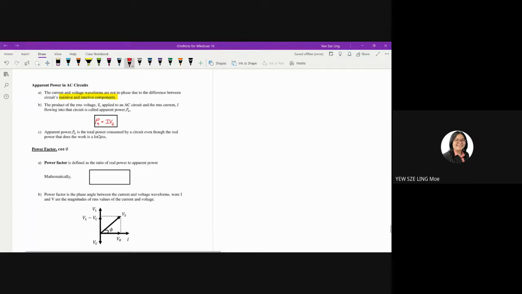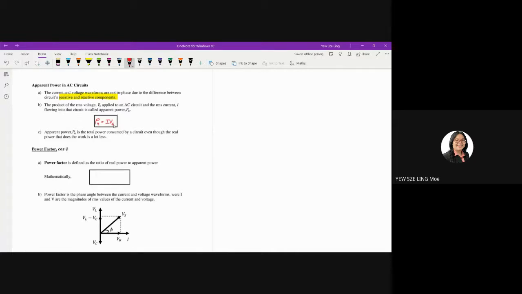So basically this is more like the power supply, because it's coming out from a source voltage. Not all of the power supplied is consumed by the circuit. Some of it is just absorbed, and then it returns back to the supply after a while. So this PA equals IVS, apparent power.